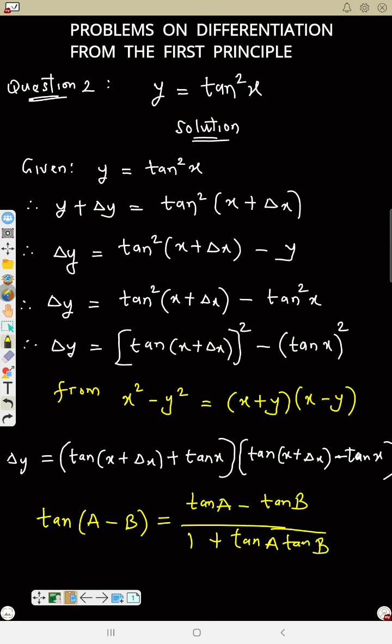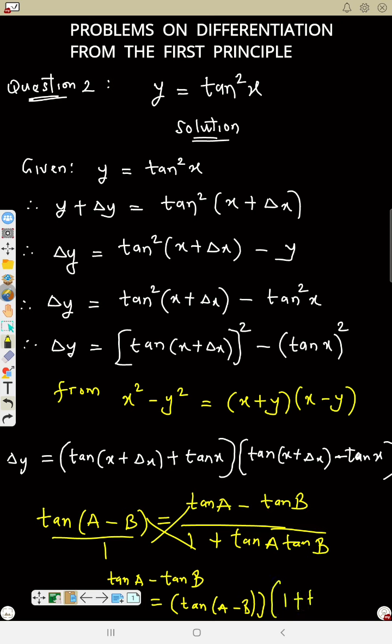So note this identity. This is over 1, so if you cross multiply, then tan a minus tan b will be equal to tan a minus b times 1 plus tan a tan b. So if you cross multiply, you get this. Now this is an identity that we will use here.